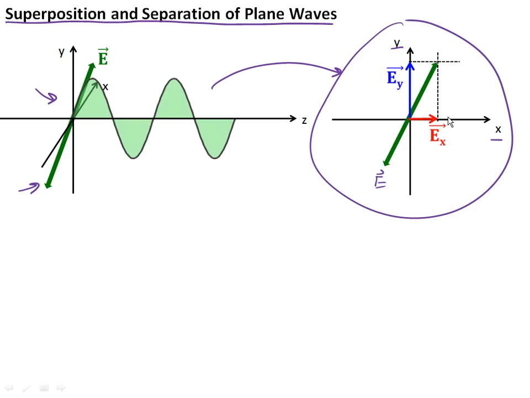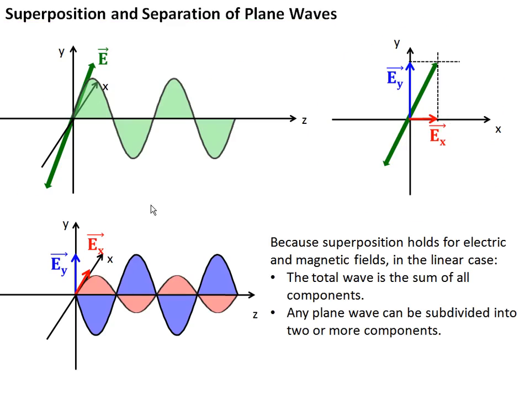That's the principle of superposition. So essentially what we can do is we can say this green line that's essentially oscillating in the xy plane is exactly equivalent to saying we have the summation of an x-going field, that's the red wave here, and a y-going field, which is the blue wave. And I'm going to use red for x and blue for y and green for the summation of x and y throughout all the rest of this mini lecture.